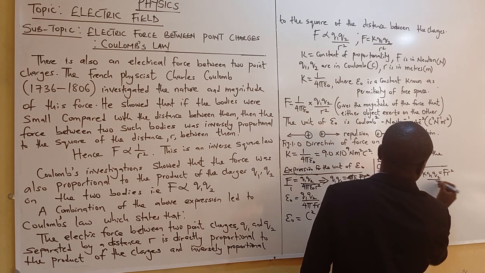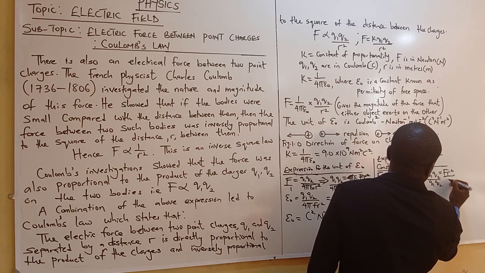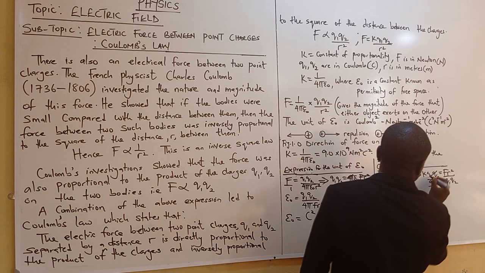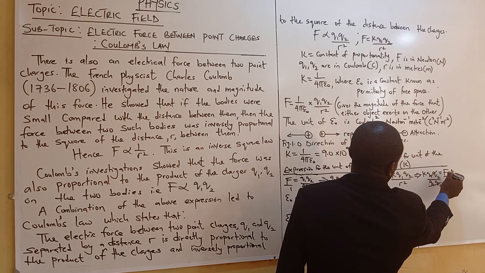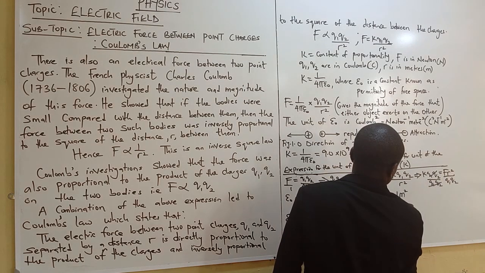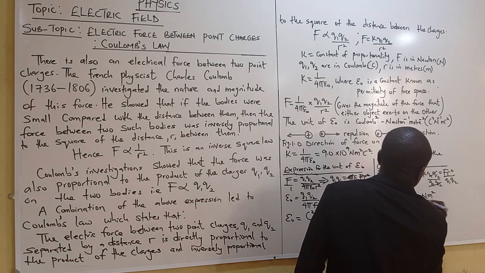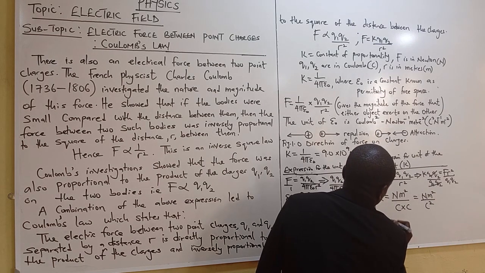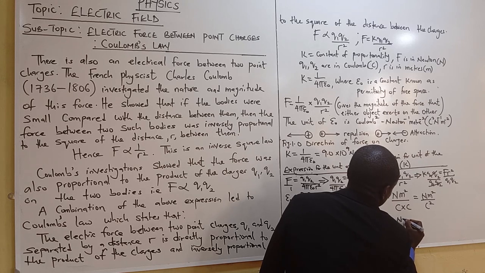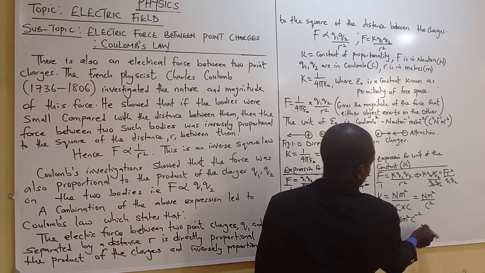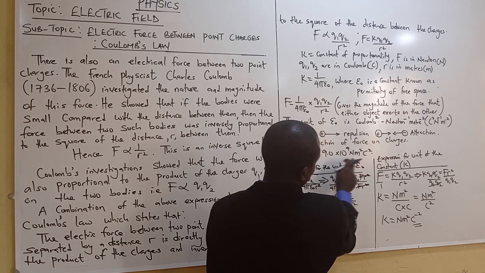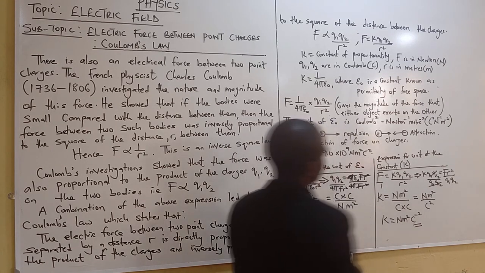Divide both sides by Q1 Q2, which cancel each other. You are left with K equals force in Newton, distance in meter squared, over Coulomb times Coulomb, equals Newton meter squared over Coulomb squared. K equals the constant Newton meter squared per Coulomb squared. That's how we got the unit for the constant.